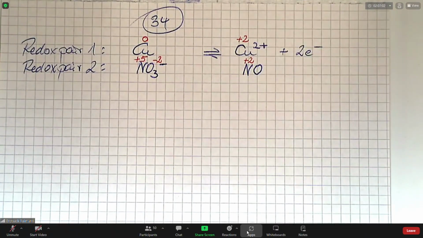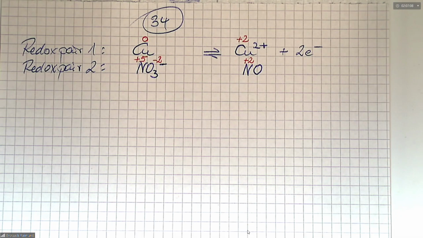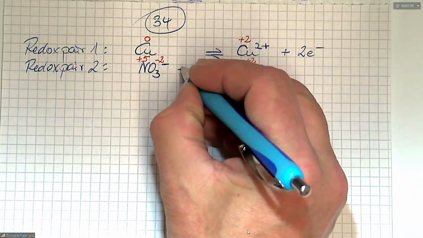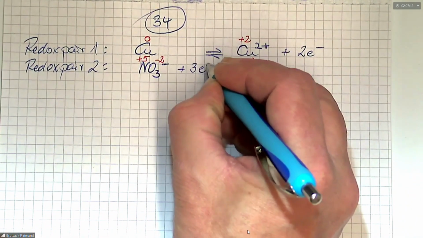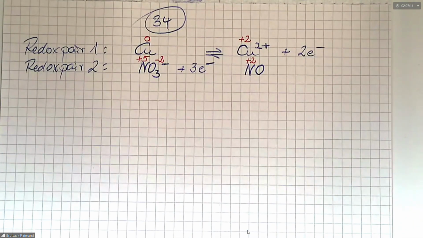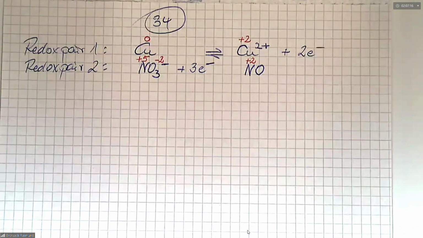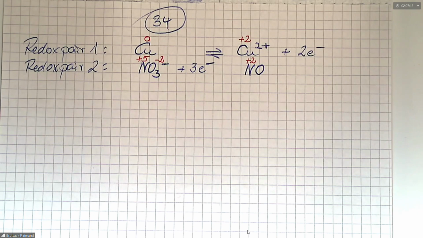So how many electrons are needed in the reduction? 3. So we have 3 electrons. We now look at this equation. Please concentrate. This is the most complicated thing for most of you when you have to do that in the exam.